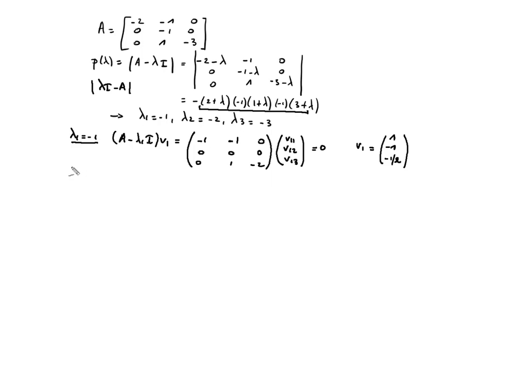That's the eigenvector that corresponds to λ1 equal to -1. Now λ2 is equal to -2, and you have to do the same thing. I've injected λ2 equal to -2 in here, and we'll have v21, v22 and v23 equal to 0.